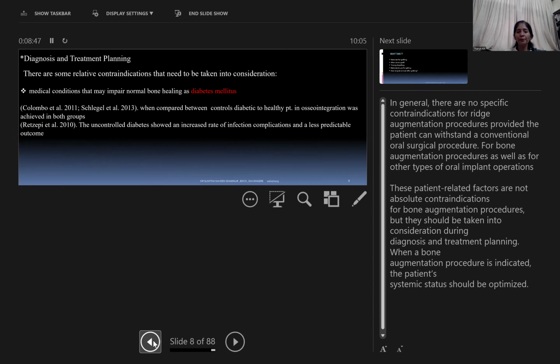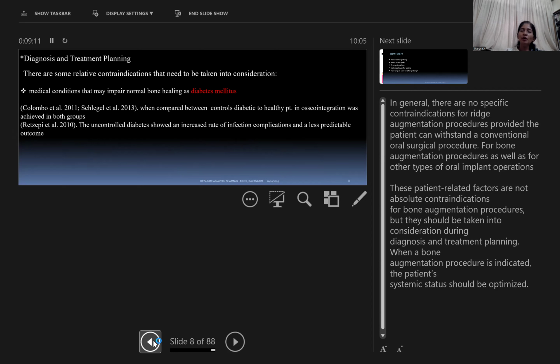For the augmentation, make sure that the patient is physically fit enough to withstand any of the major or minor surgical procedures that are done, be it the harvesting of the bone or the use of PRF. That's the only thing that you need to bear in mind.